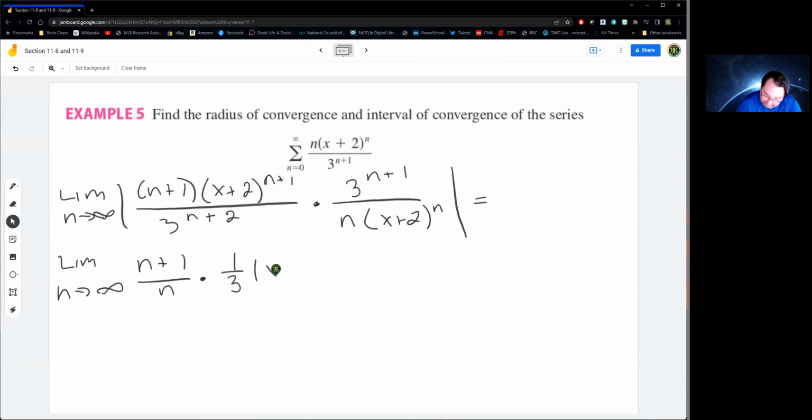And the absolute value of x plus 2. So this goes to 1/3 the absolute value of x plus 2, because this first part goes to 1, I mean. Sorry.